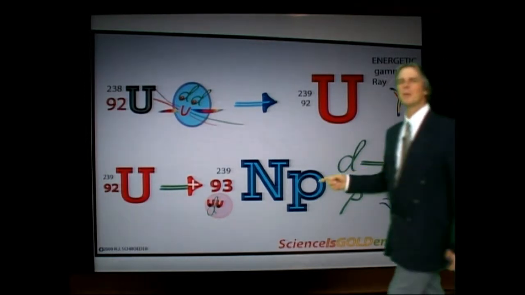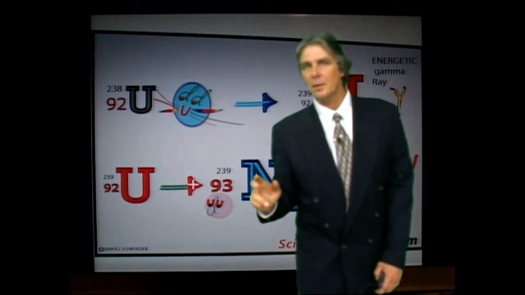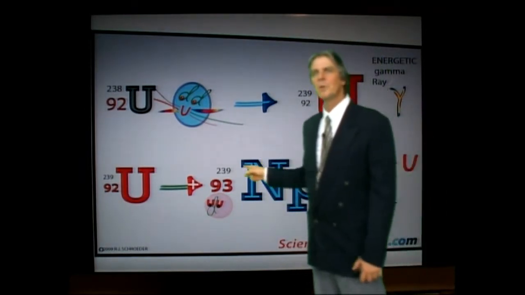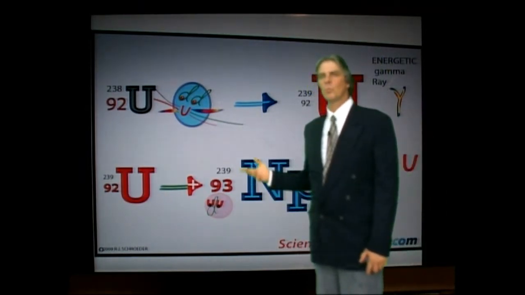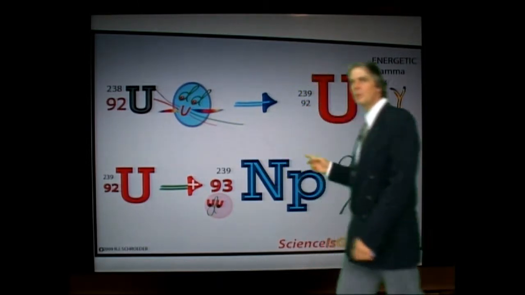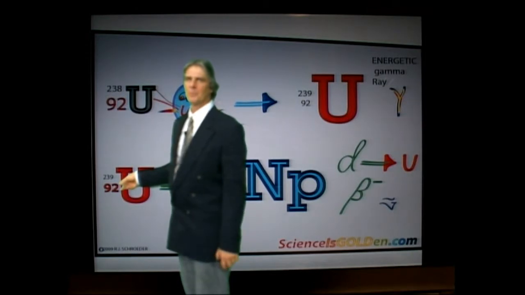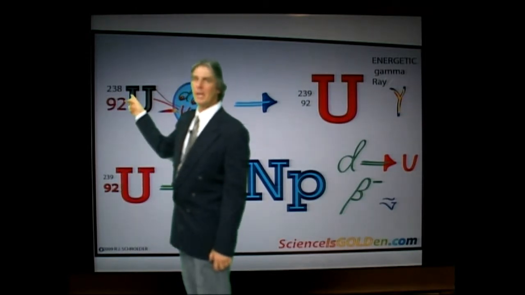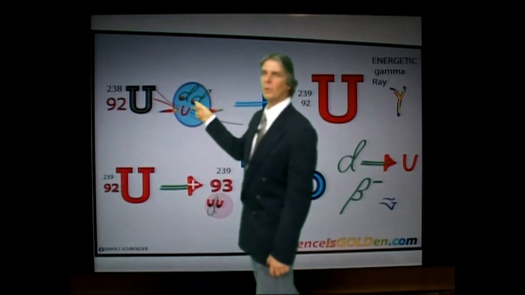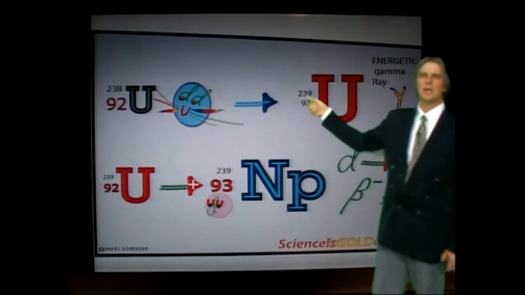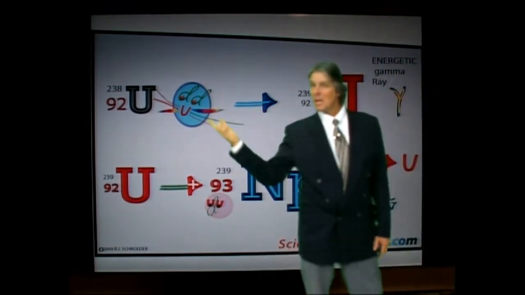So now you've got a bigger element, so to speak, because it's Neptunium, 239. Weighs 239, but here you got a uranium 239. So you started with uranium 238, which was the mass. You added 1 more, made a uranium 239. And it gave out a gamma ray.